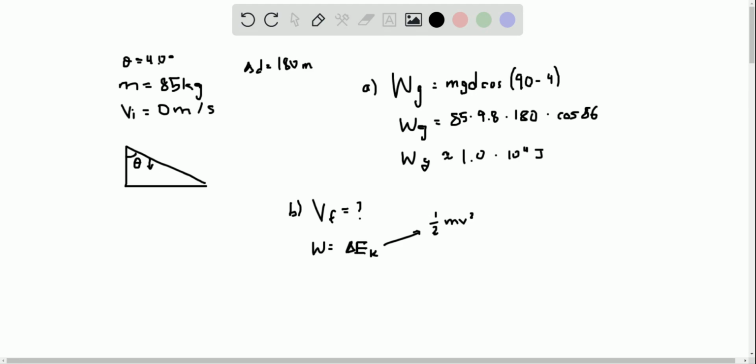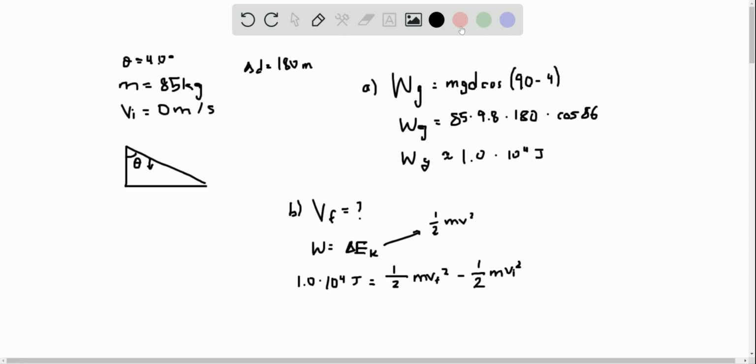So we know that the work from gravity is equal to 1.0 times 10 to the 4 joules, which is equal to the change in kinetic energy, which is half m velocity final squared minus half mass times velocity initial squared.